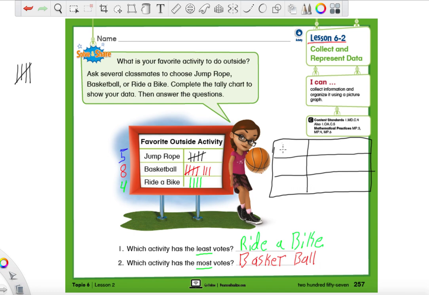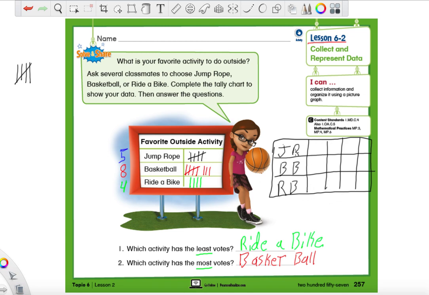Abbreviations is when you just put maybe just a letter or two. So I'm going to put JR for jump rope. And for basketball, I'll put BB. And for riding a bike, I'm going to put RB. And now I'm just making a couple more lines down so I can make some special spaces here.